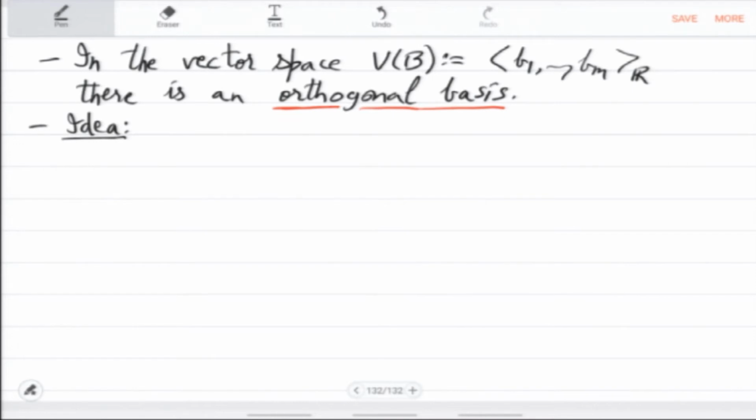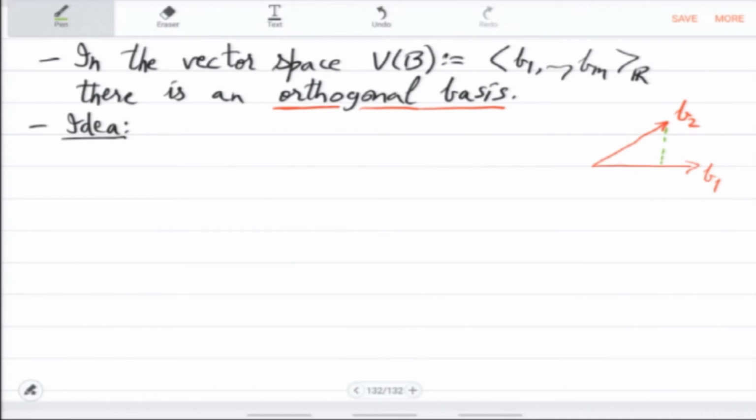You have this vector B1 and some vector B2. So you project B2 on B1. Look at the component of B2 parallel to B1 and subtract that component.